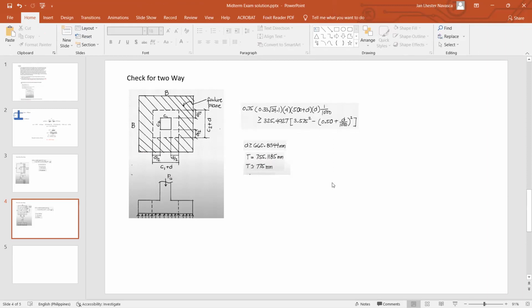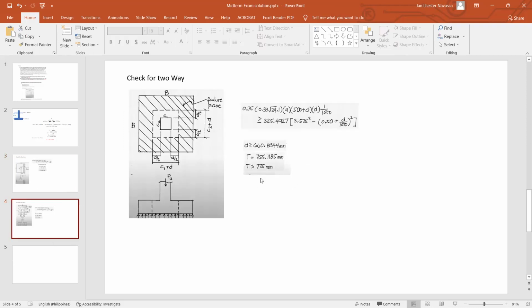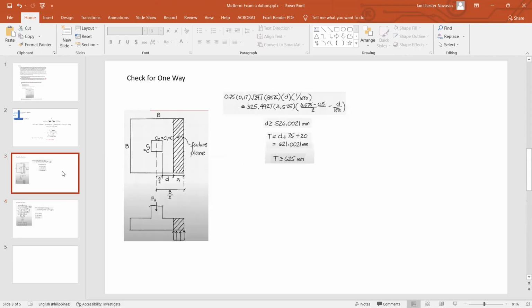Okay, so comparing the two answers based on one-way and based on two-way shear. Based on one-way shear, your required thickness is 625, and based on two-way shear, your required thickness is 775. So as a designer, you will choose the higher value, because it will compensate the needed thickness for the other limit state.